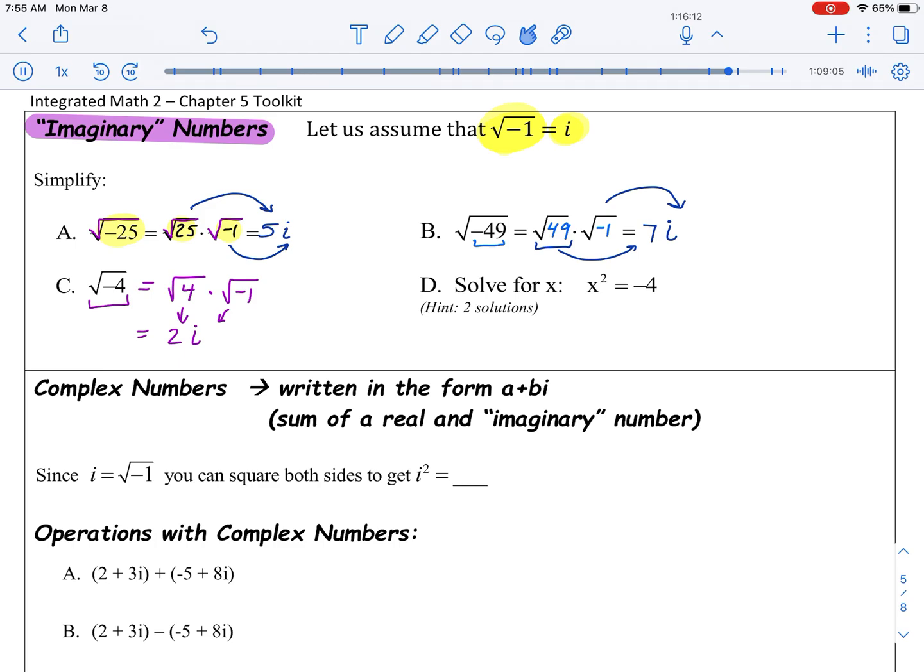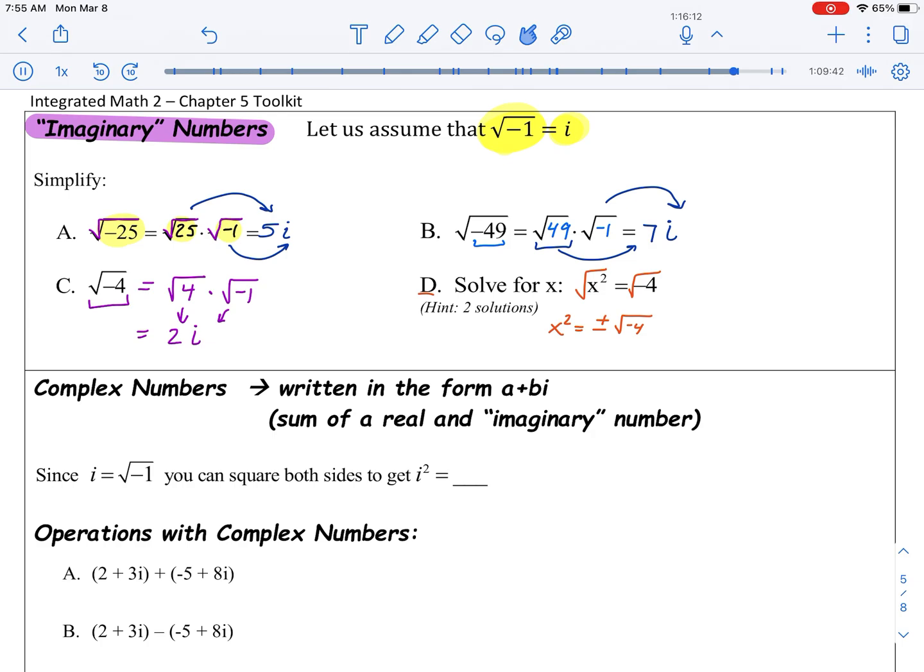Now I can also use this to help me solve for a variable. For instance, I could use this to help me solve for x, like in part D, where we have the equation x squared equals -4. I'm going to solve this the same way I have every other problem. We're going to take the square root of the left and the square root of the right.